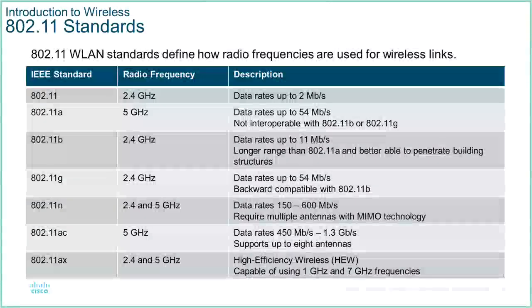And then when we start moving off into AX, which uses 1 gigahertz and 7 gigahertz frequencies, this is a high efficiency wireless network that opens up a huge new ball game for the future.